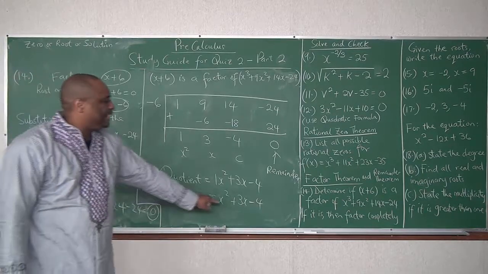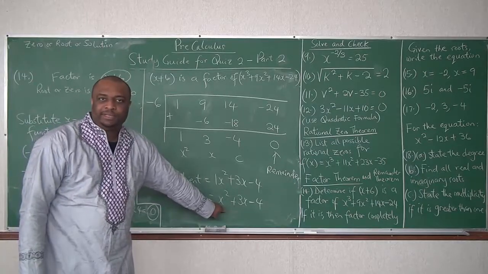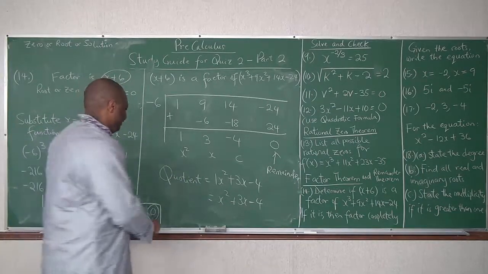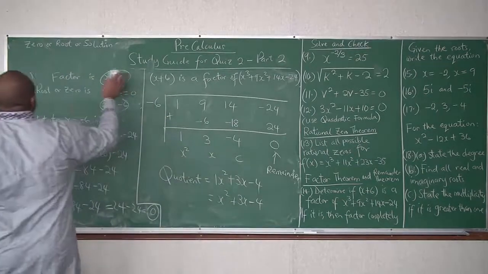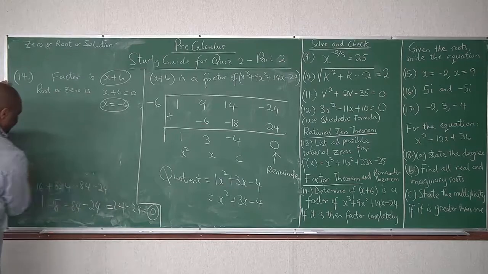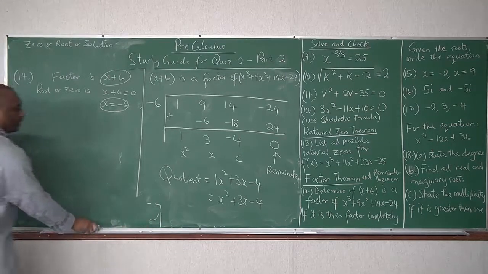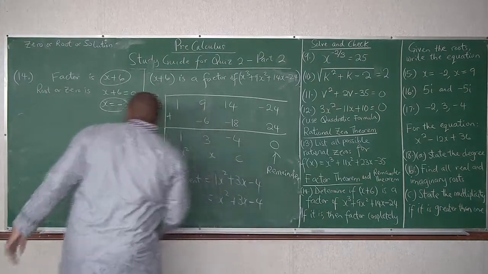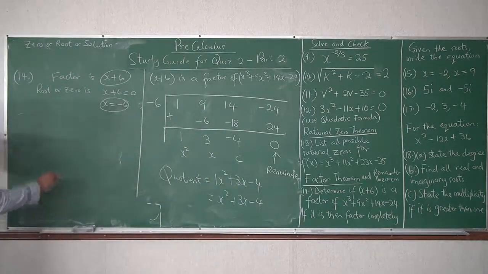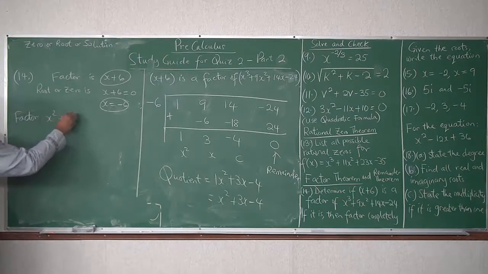They want us to factor completely, so let us find the remaining factors of this. We factor the quotient again, x squared plus 3x minus 4.